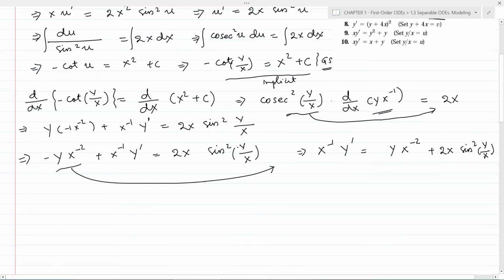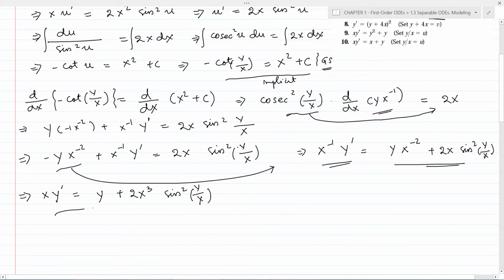Now we multiply x square both on the left hand side and on the right hand side, and we get x y dash is equal to y plus 2x cube sine square y by x. This we get by multiplying x square both on the left hand side and on the right hand side.